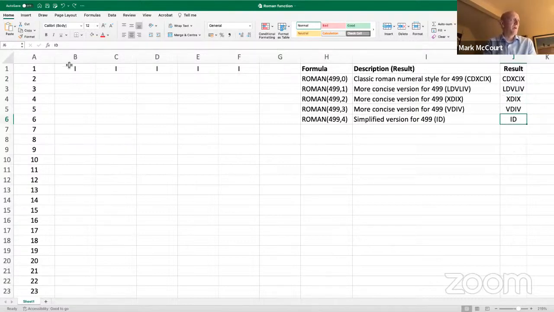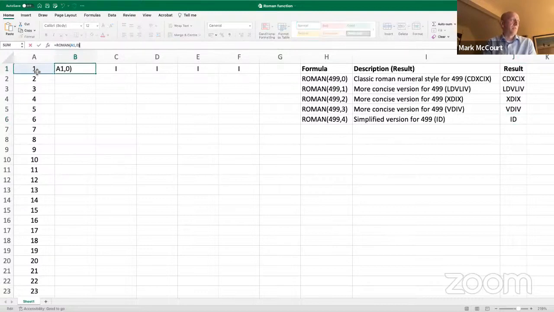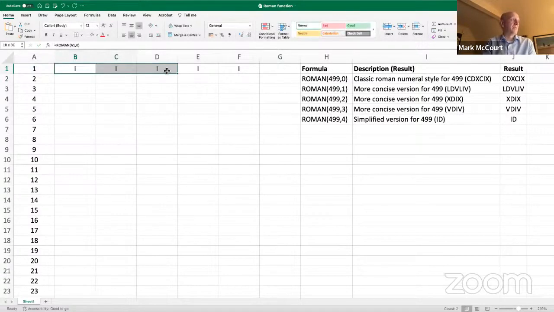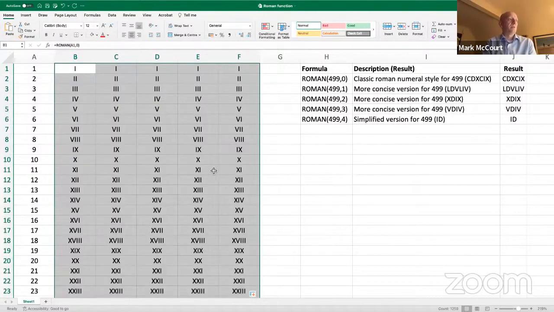If you're unfamiliar with Roman in Excel, we put equals Roman, then whatever we're referring to, and then the format. So it's either 0, 1, 2, 3, 4, and we'll get different answers to these. If I just drag these across, they're all I for 1, but if I fill these all down, you'll start to see variations happening as these numbers start to appear.